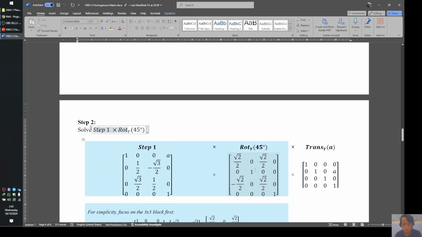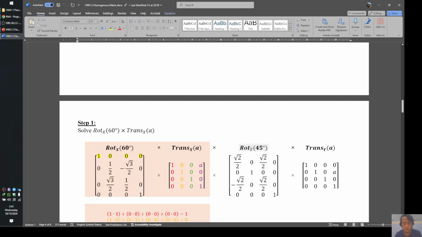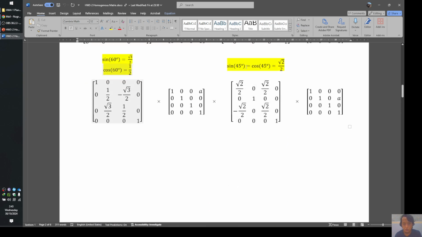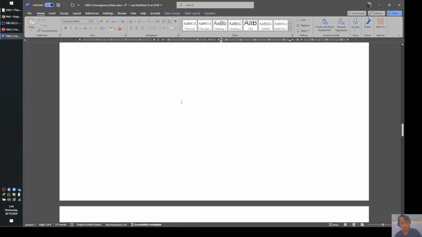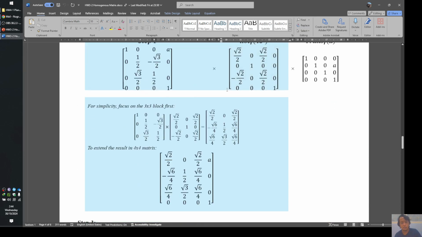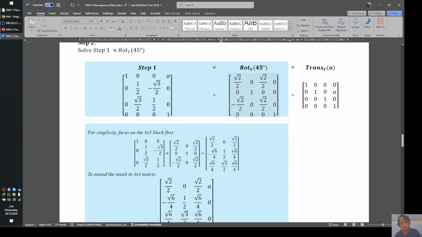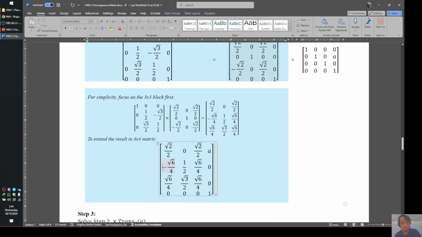As we know, for 45 degrees, the sine is the same as the cosine, which is square root of 2 over 2. And for step 2, we have this result.